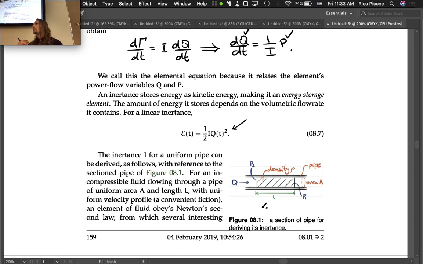If you've got a fluid system, one of the main elements that's going to show up is a pipe. It's how you get fluid around from one place to another. So pipes are everywhere, and coming up with the inertance for a pipe is going to be the inertance that we usually see anyway. So that's why we talk about it.